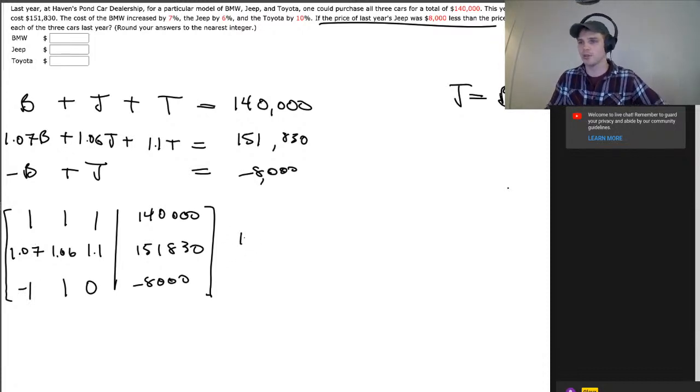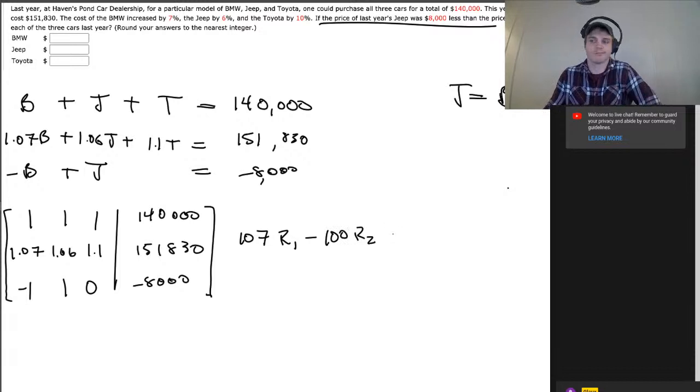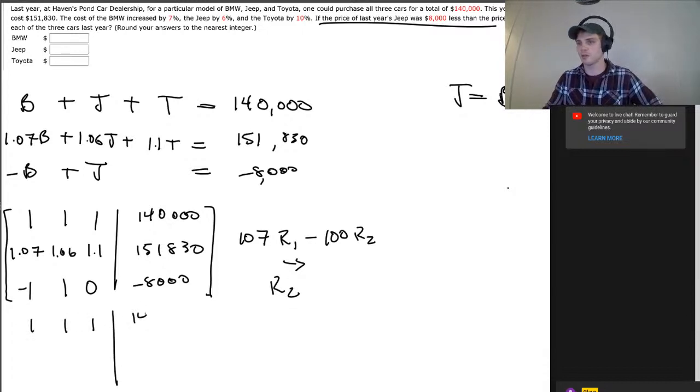I'm going to do 107 times row 1 minus 100 times row 2. This is super gross, but it'll be fine. If you have to use your calculator. We're going to stick this into row 2, so row 1 doesn't change. We're going to do 107 minus 107 essentially. That's why I chose those numbers, because it's the LCM.